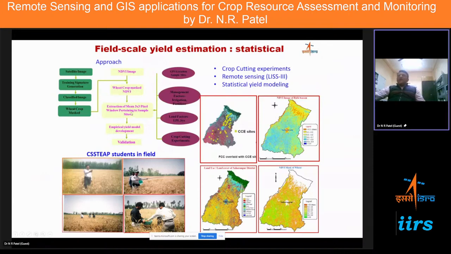The wheat crop NDVI at different sites where we have crop cutting experiments is tracked, and we develop a certain kind of regression, linear regression or multivariate regression. Here you see students harvesting wheat crop in 1 by 1 kilometer plots, and they do threshing and finally get grain. So this is the kind of activity which is going on.